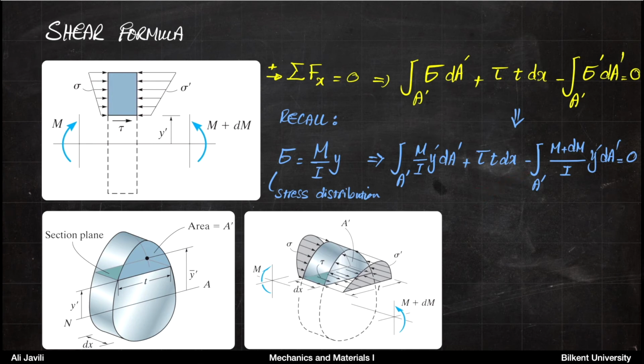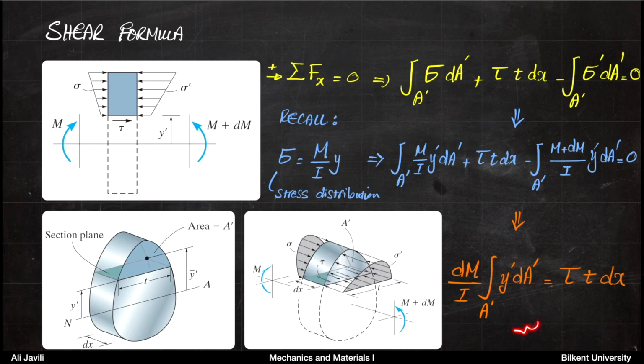Now, if you take a closer look, you see there is this term which is similar in these two integrals, and it comes with a minus on the second integral. So you can imagine those two terms will cancel together, and what you will have would be this one. So this would be your remaining part. Also, dM and moment of inertia I are constant, so they come out of the integral.